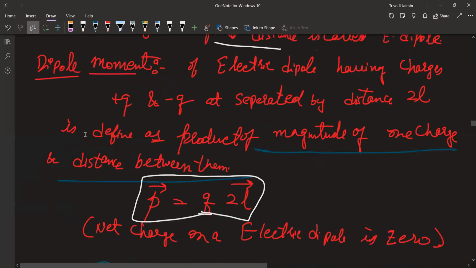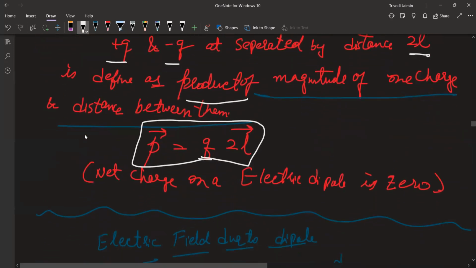Now dipole moment, as we saw, of an electric dipole having charges plus and minus q separated by distance 2L is defined as the product of the magnitude of one charge and the distance between them. But the net charge on an electric dipole is always 0. Why?